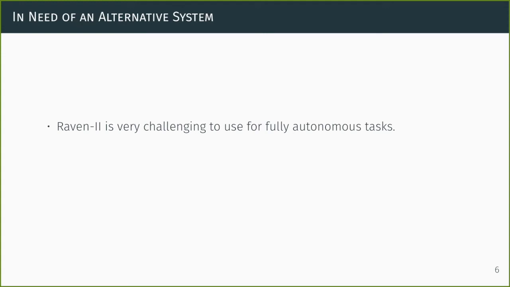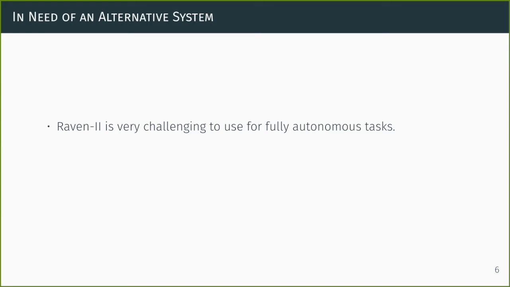So at this time, I had concluded that the Raven was probably not going to give me satisfactory results for this kind of task automation. Also, we didn't have a dVRK at SDU, unfortunately, and probably we were not going to get one anytime soon. So I instead decided to set up an alternative custom robot system.